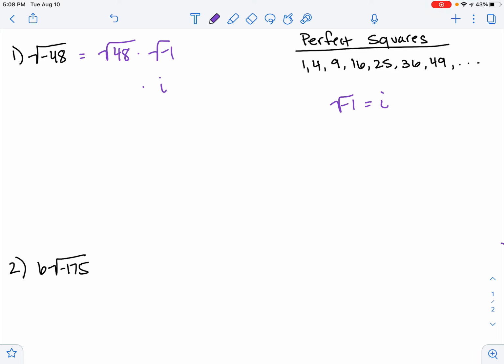To simplify the square root of 48 using perfect squares, you need to think about what perfect square is a factor of 48. And that is going to be 16. And I know that 16 times 3 is 48. Let me write this a little bit better.